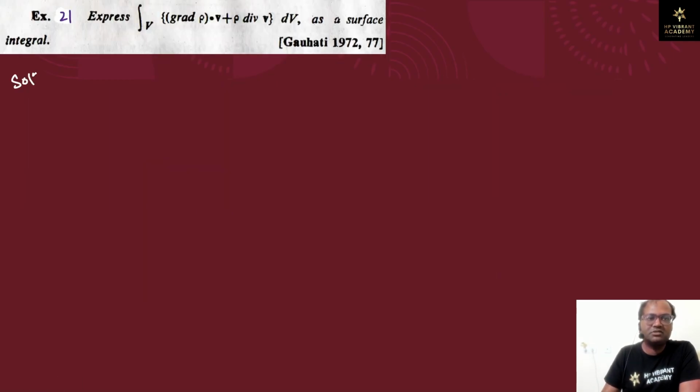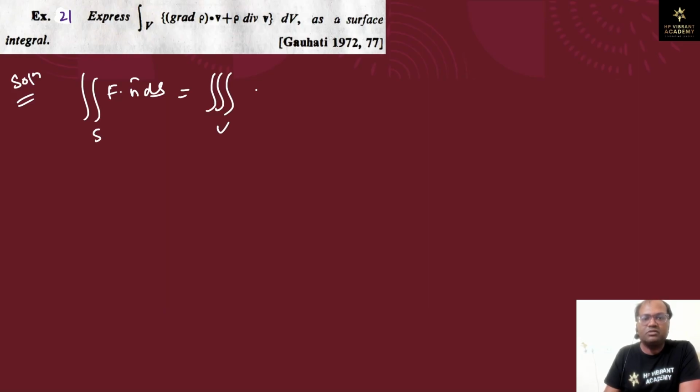How can we solve this? Let us write down the expression for the Gauss divergence theorem. Surface integral F dot n cap dS is equal to volume integral divergence of F dV. Let us take F is equal to rho times V, where rho is a scalar and V is a vector. Let us put this in this expression.